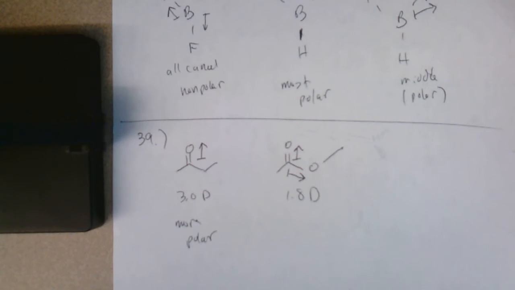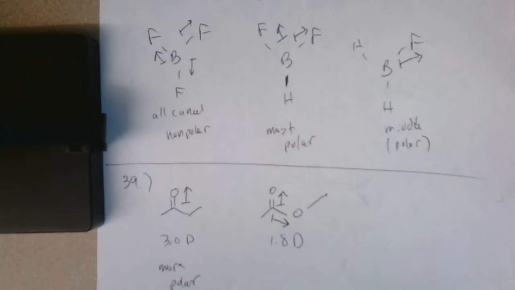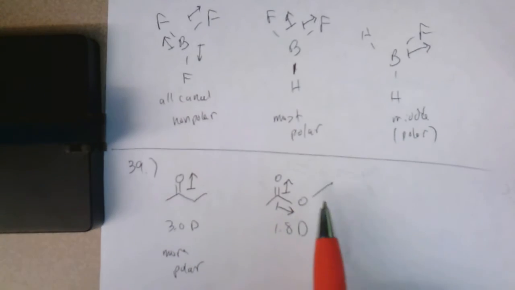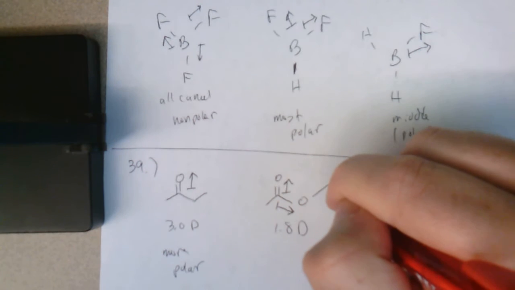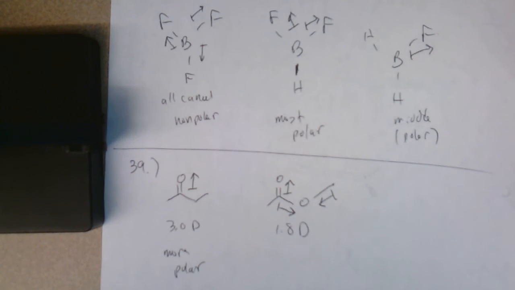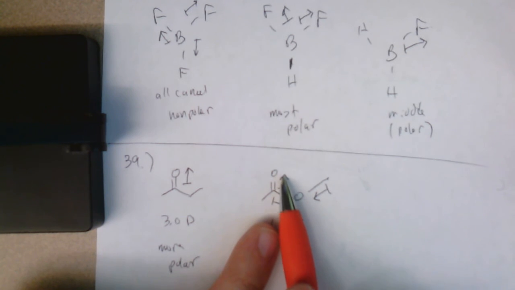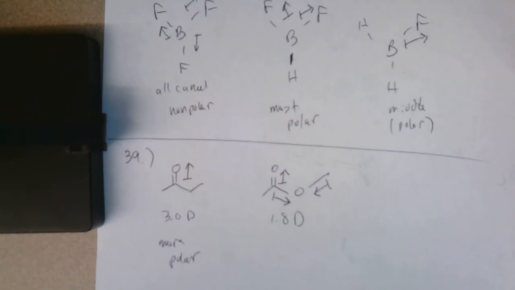Right now we could think of this as looking similar to this and wonder why that doesn't result in a stronger dipole. It's because this oxygen is also pulling on this carbon, so we end up with a bunch of conflicting arrows. If I try to draw all 3 of these vectors, or just add them together, they're partially canceling each other, so I just have a slighter dipole going up towards this carbonyl oxygen.